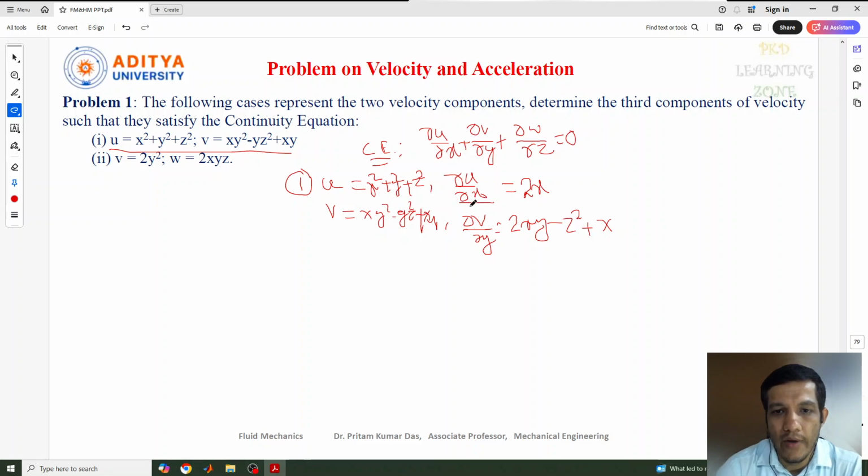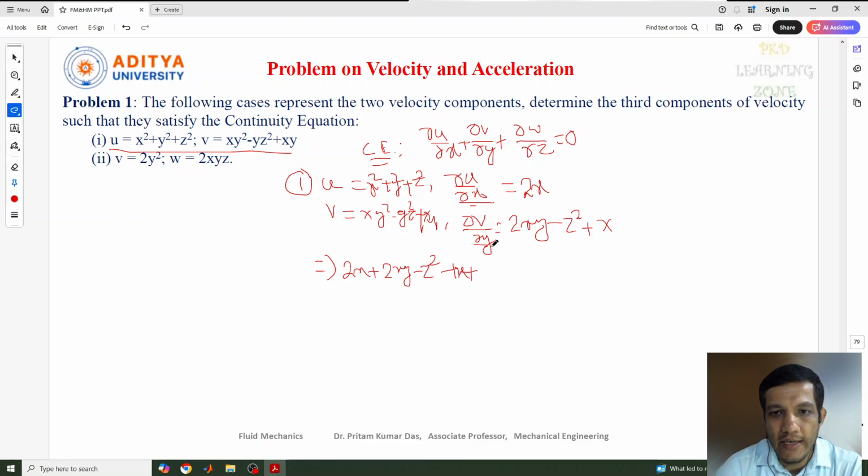Now substitute these two values in the continuity equation. After putting the values, we get 2x for del u by del x, and for del v by del y we got 2xy minus z square plus x.